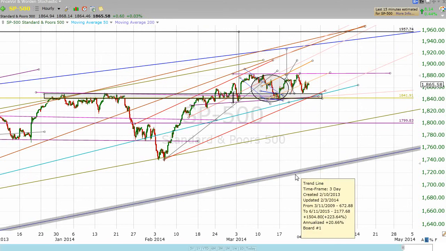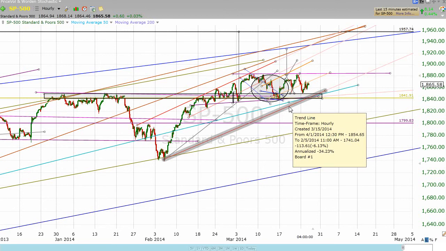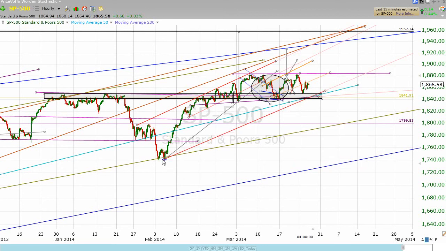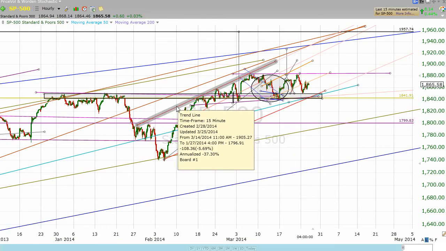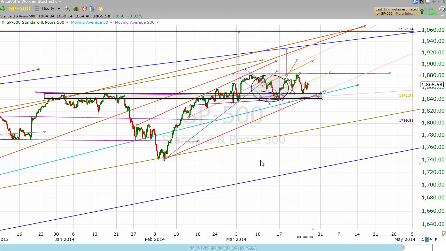Now I have a channel on this chart, these red lines right here. That is also another potential support line, but I remind you, as you look at this bottom line, we've only got one touch. This line is here only because it is the complementary parallel line to a well-established resistance line up here. We know that the S&P and the markets in general like to run in parallel channels.